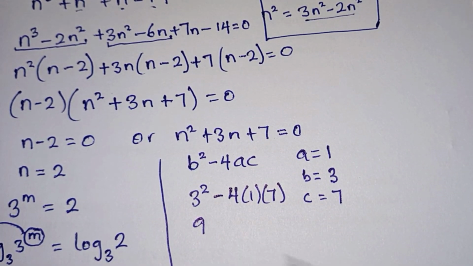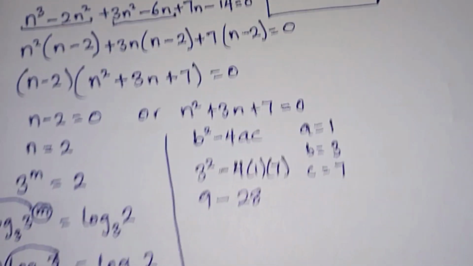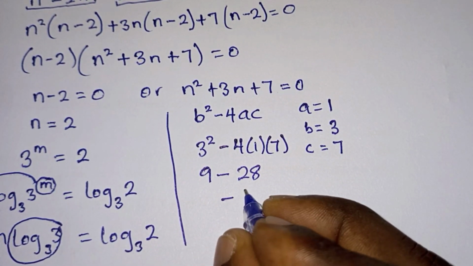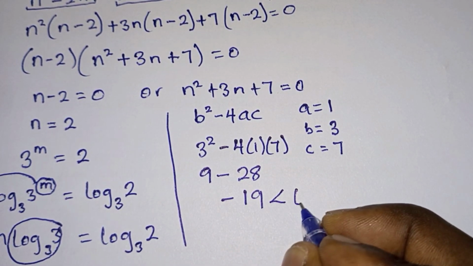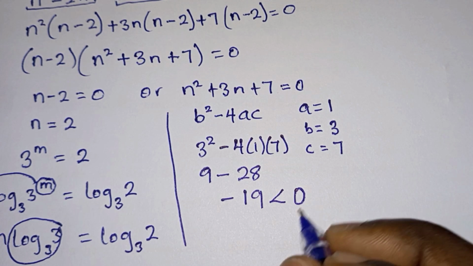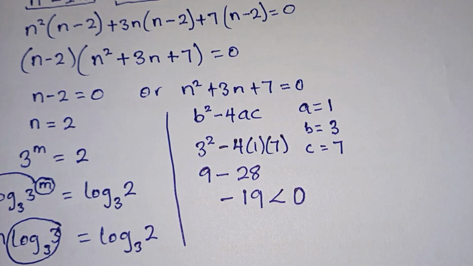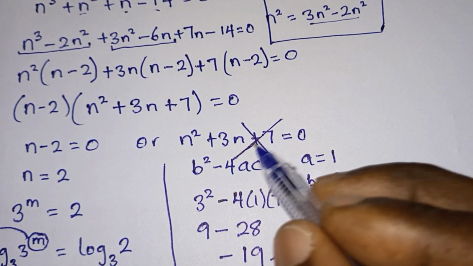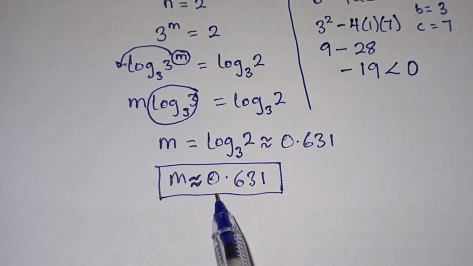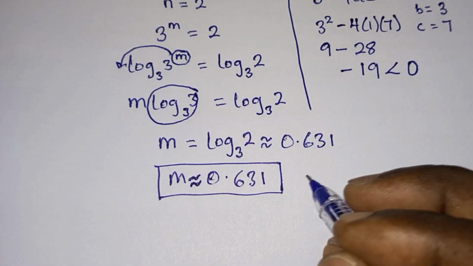So we have 9 minus 4 times 7, that is 28. So we have negative 19. And we see that negative 19 is less than 0. If it is less than 0, then it means we are going to get complex solutions. But since we are restricted, it means we are not going to consider this equation, because if we do that, we're going to be getting complex solutions. So in all, the final answer to the problem is m approximately equal to 0.631 as the final answer.